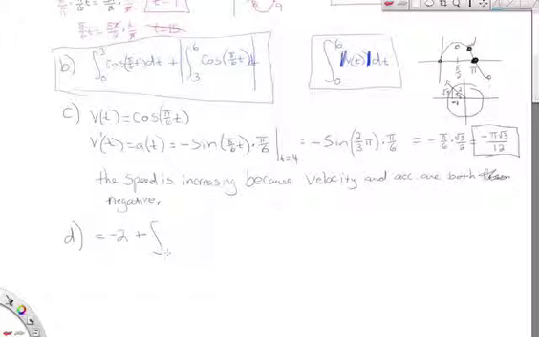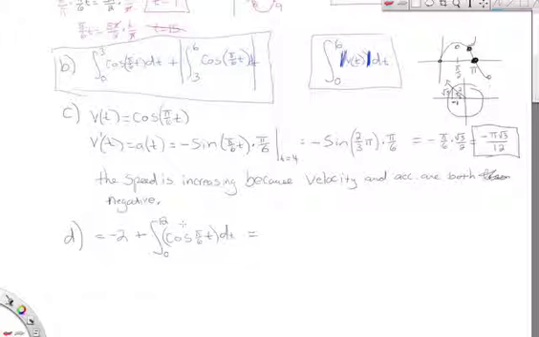From 0 to 12, I changed at a rate of cosine of pi over 6t. Some positive, some negative. I just want the net area, so that'll give me the displacement, and I can add it to my initial value.